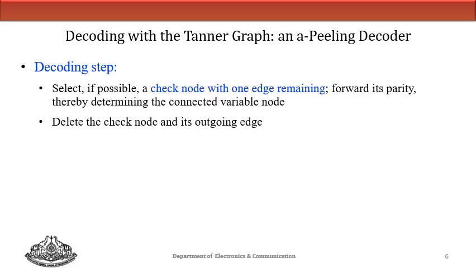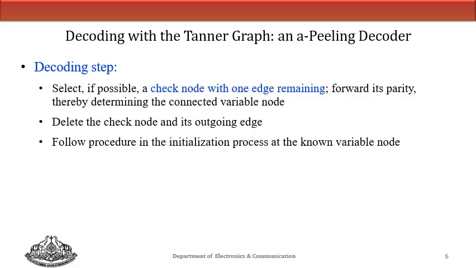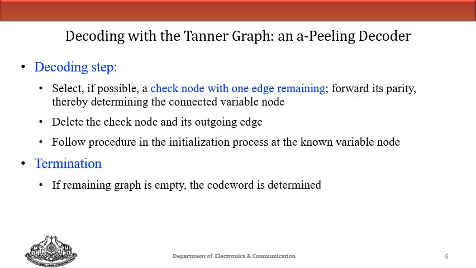Delete that check node and its outgoing edge. Follow the procedure in the initialization process at the known variable node. It terminates if the remaining graph is empty, in which case the code word is determined. If a decoding step gets stuck, we declare a decoding failure.